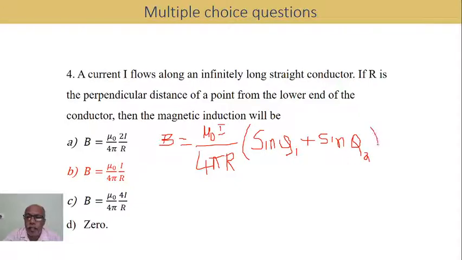At the lower end of the conductor, phi 1 will be 90 degree and phi 2 will be 0 degree.